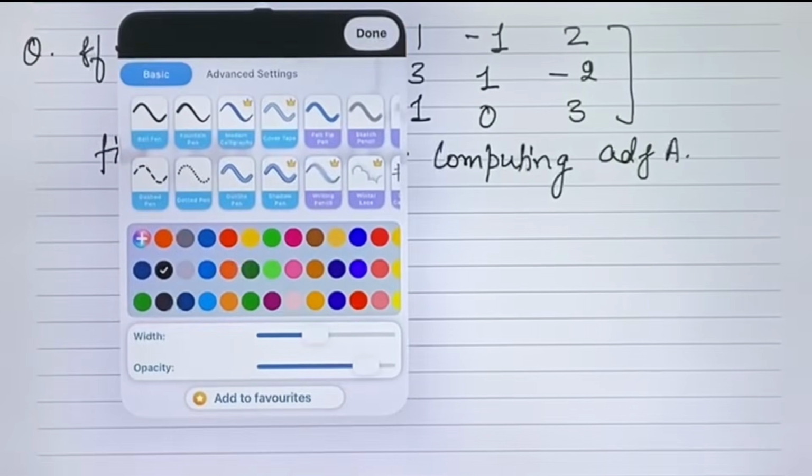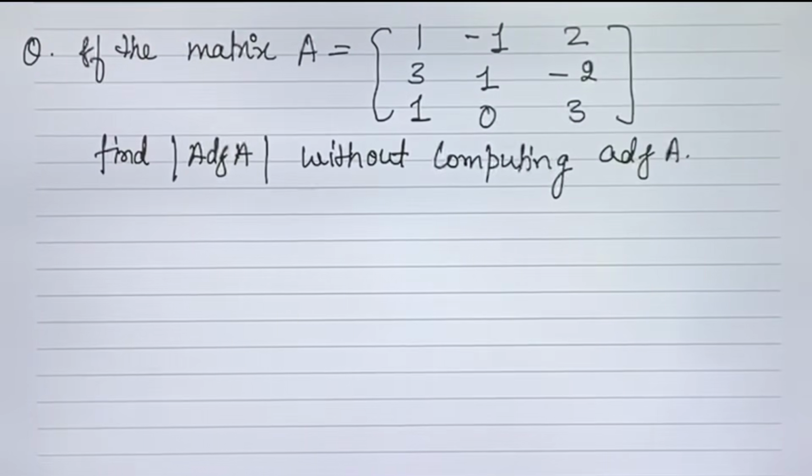If the matrix A is equal to this: 1 3 1, minus 1 1 0, 2 minus 2 and 3, you need to find out adjoint of A without computing. मतलब हमें सबका adjoint नहीं find out करना है, डायरेक्टली आंसर कैसे निकाला जाएगा. याद करिए फॉर्मूलेज, अपने आप सब कुछ आएगा. तो अगर मैं यहां पर पहले डेट निकाल लेती हूं, फिर मैं आपको धीरे धीरे एक एक स्टेप से एक्सप्लेन कर रही हूं. तो क्या करना है, डेट ऑफ ए निकालना है.